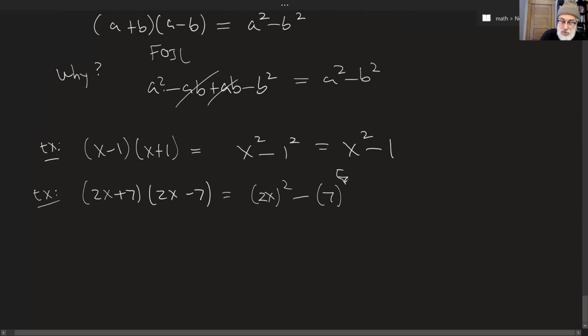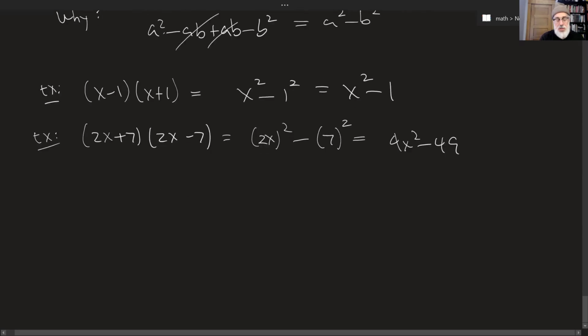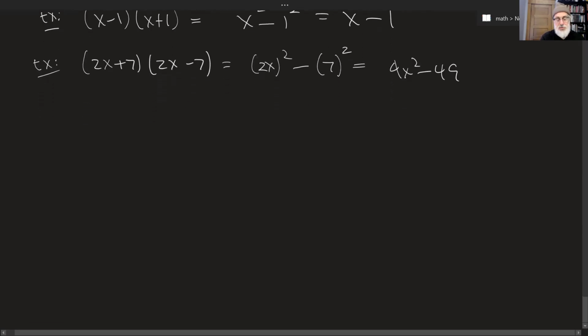So we're not squaring a negative. So that becomes 4x squared minus 49. So that's a short way to do FOIL. If you recognize it, in the factorization lecture coming up, we'll be undoing these, and there'll be some ways to shortcut some factorizations when we have special forms.